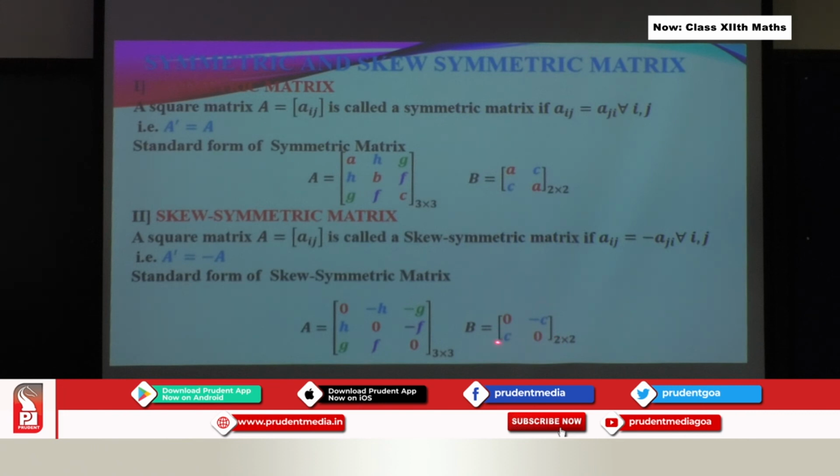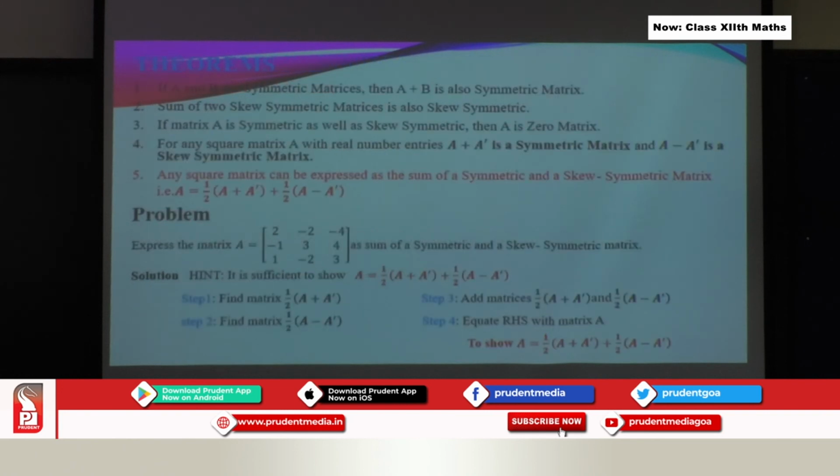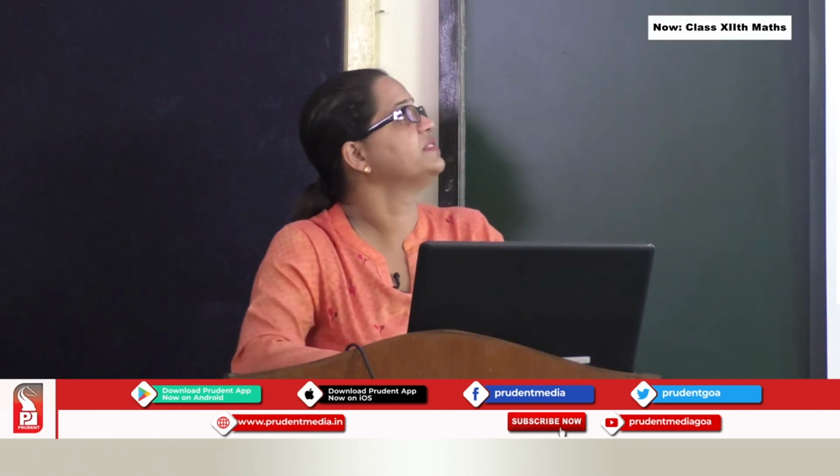So in case of a 2 by 2 matrix also the similar pattern continues. You can see along the principal diagonal you have 0, 0, and along the minor diagonal you have the negative of the first entry. So this is how you understand symmetric and skew symmetric matrix.